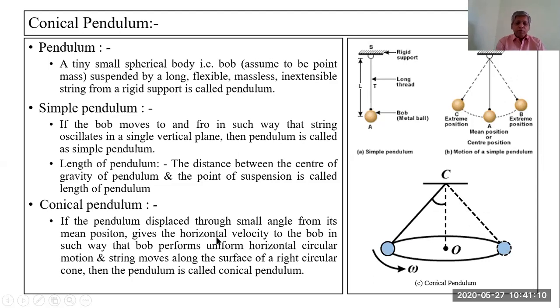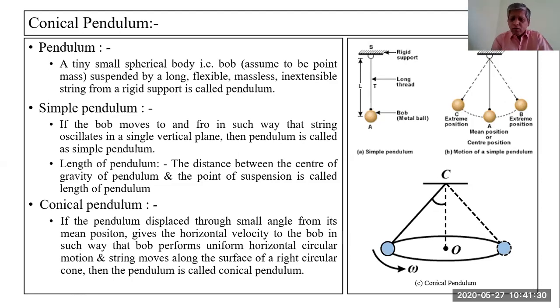If the pendulum is displaced through a small angle from its mean position and given a horizontal velocity such that the bob performs uniform horizontal circular motion and the string moves along the surface of a right circular cone, then the pendulum is called the conical pendulum.